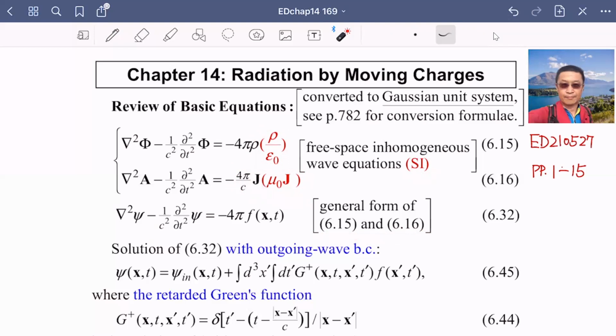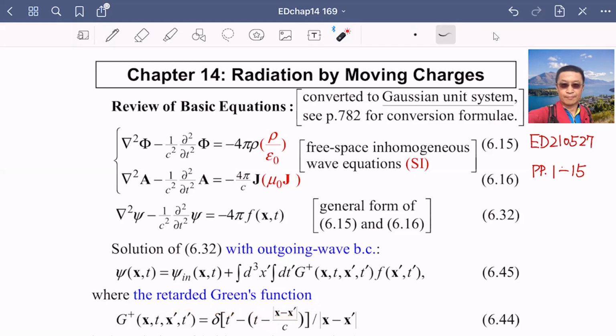Okay, so we need another one, that is the green function. The green function should satisfy these relations. Let's retard the green function.